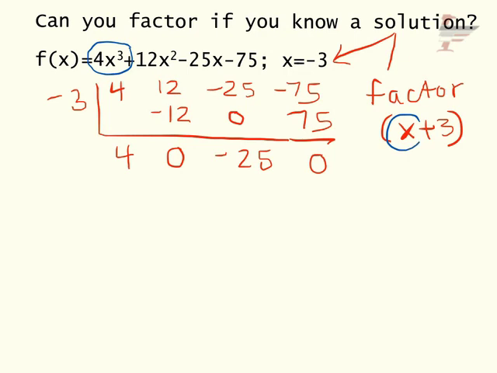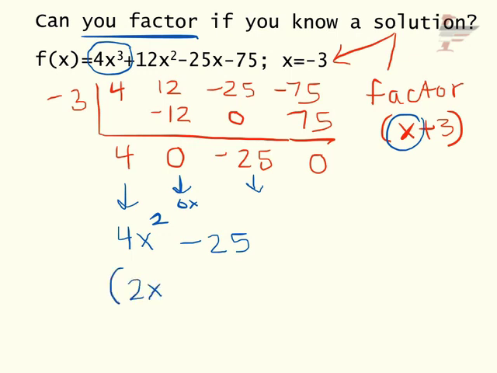The last thing I want you to note is I was taking a cubic function and technically dividing by a linear function, right? So I should be down to a quadratic. That means this is 4x squared, this is 0x, I'm not going to include that, and then this is minus 25. Can I factor? Well, I sure hope you can factor that. And that factors down to 2x plus 5 and 2x minus 5.